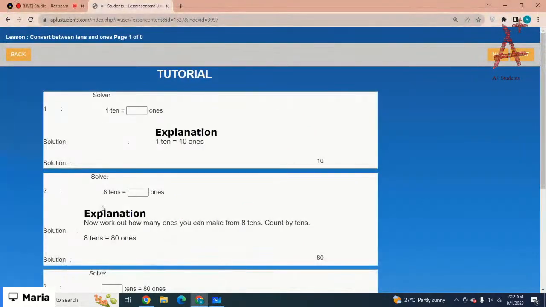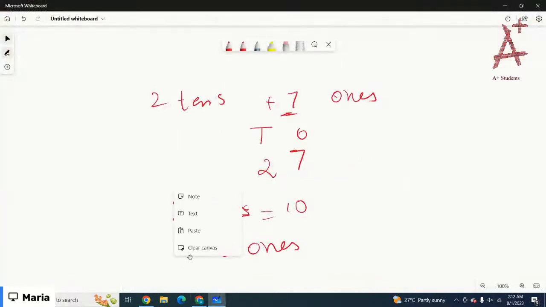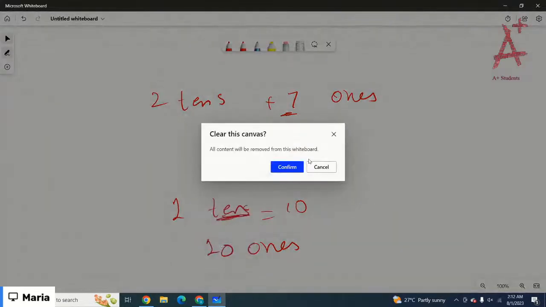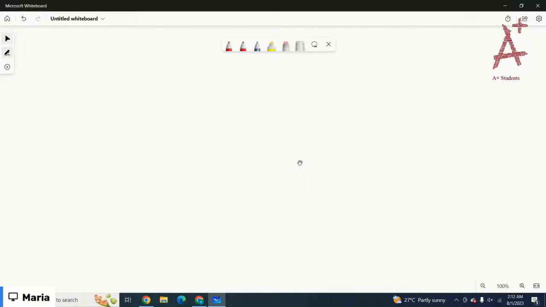The next one is 8 tens. So how do you write 8 tens? The digit at the tens position is 8, and at the right you have to add a 0, because you're not given the digit at the ones position.